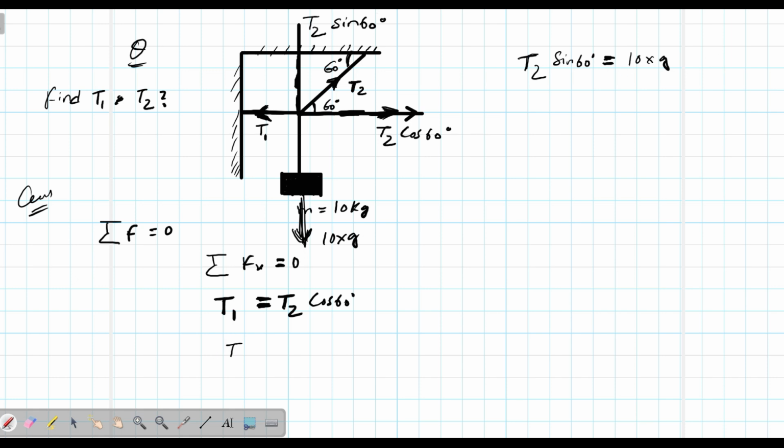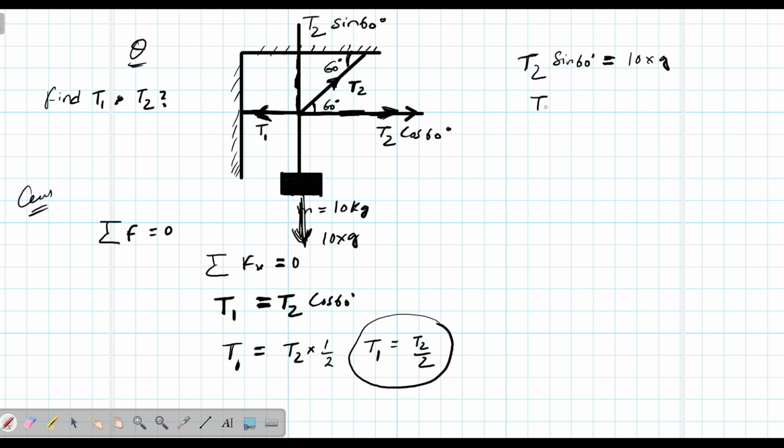So here, T1 equals how much? Cos 60 is 1 by 2, so T1 equals T2 divided by 2. That is the relation between T1 and T2.